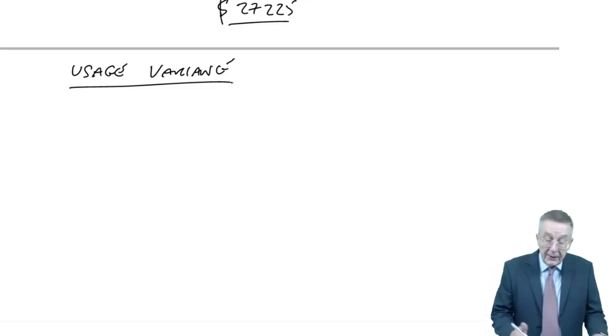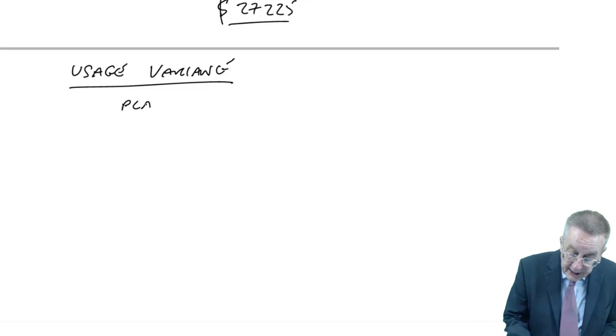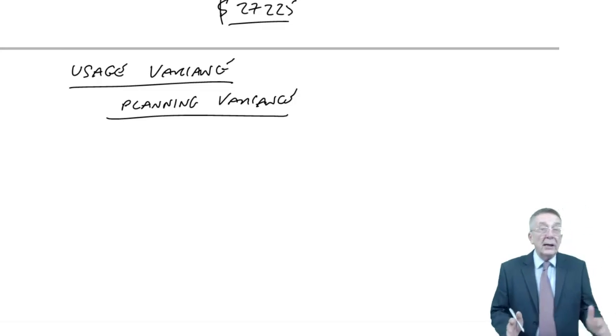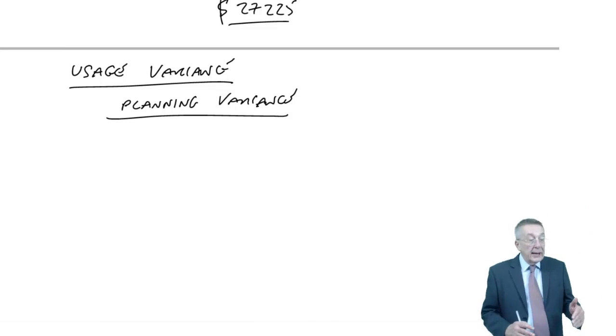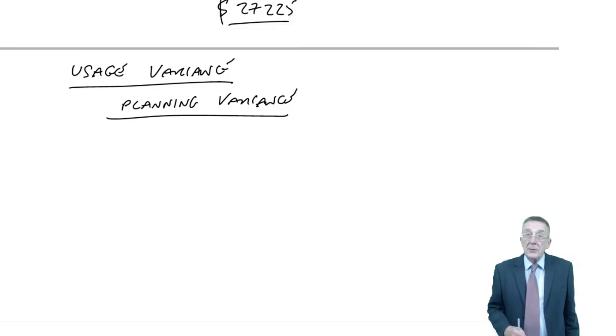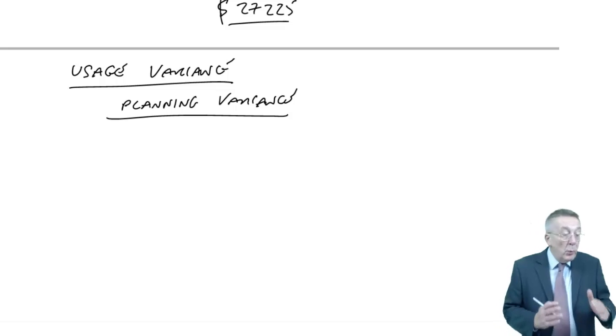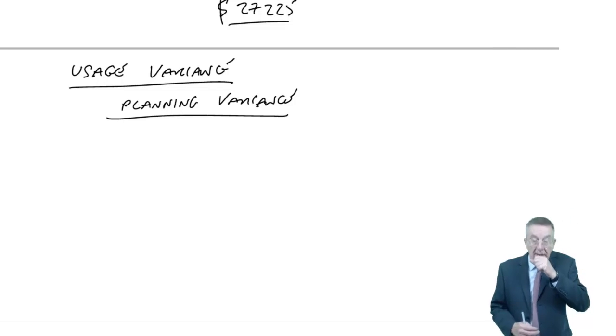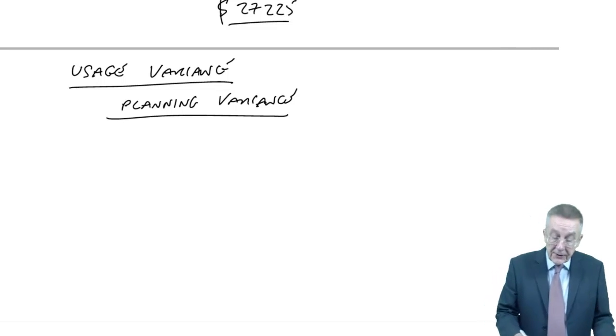So we had to separate the two. The planning variance, we'll do it in exactly the normal way, but we're comparing the new standard, the 9.5 kilos, the revised standard cost, with the original standard cost.